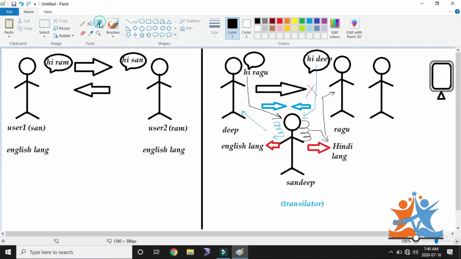So here we consider, for an example, a universal language.